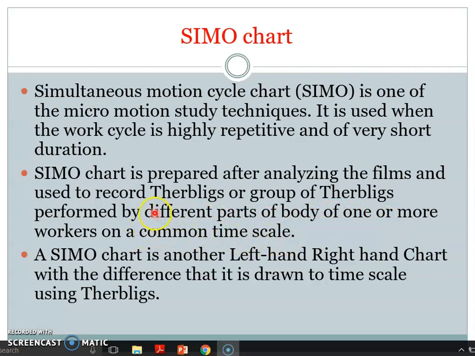Keep in mind that while preparing the CMO chart, we have to write the activities performed by both hands on the common time scale. So the CMO chart is another left hand right hand chart, with the difference that it is drawn on a time scale using therbligs. The important point is the therbligs which we use for recording both hand motions.